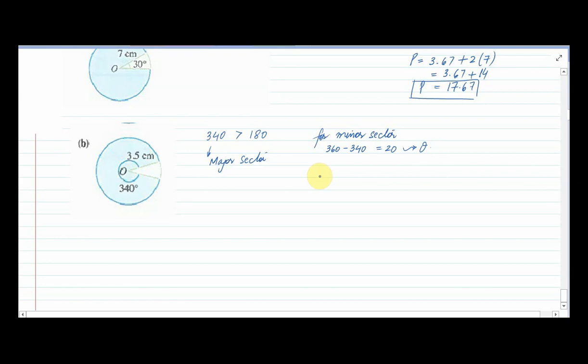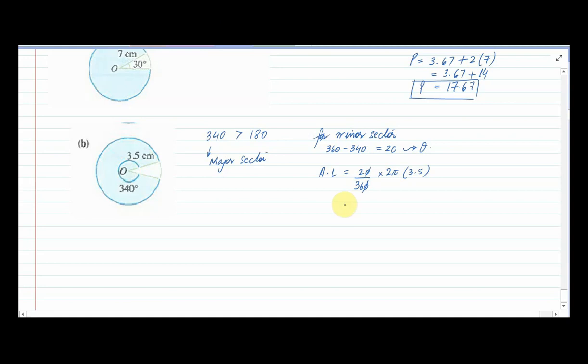Now the arc length. The arc length is angle, that is 20 divided by 360 multiplied by 2 pi. The radius is 3.5. So 2 and 2 cancel each other, right? So it will be 2 times 2, that is 4. So 4 into pi multiplied by 3.5 and divided by 36.